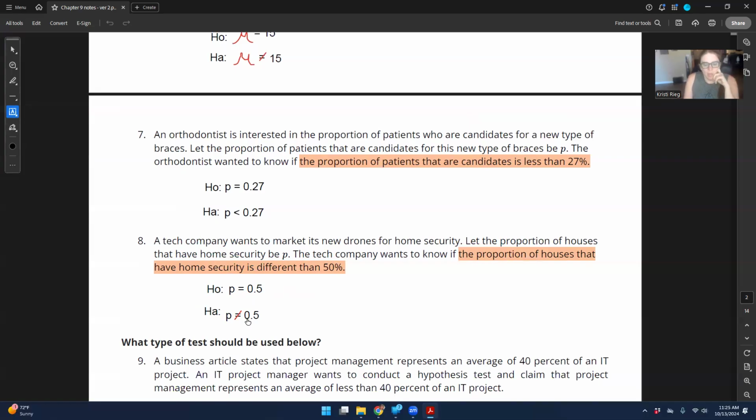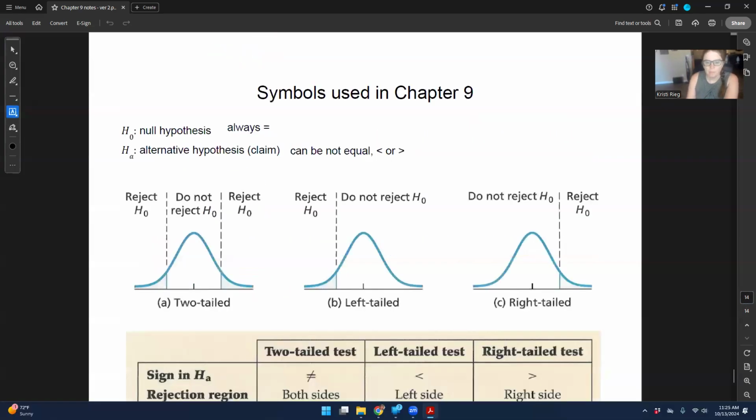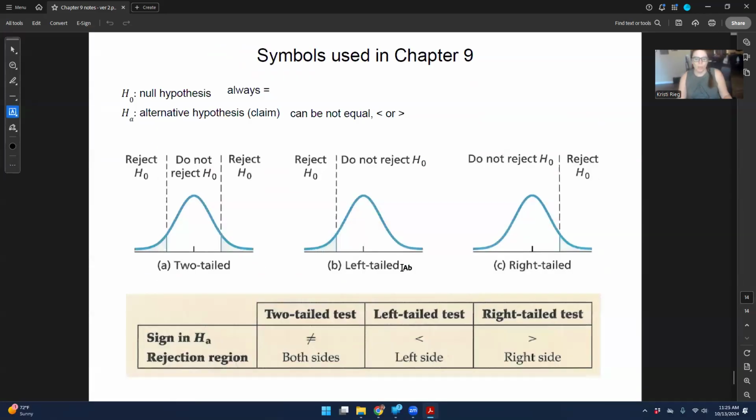Okay, now let's talk about the types of tests. So again, we're going to go to this last page, and we have 3 different types of tests. And here's pictures. So here's our normal distribution that we've been talking about in chapters 6 and 7. All 3 of these scenarios are normal distribution, and we have them cut in a certain way.